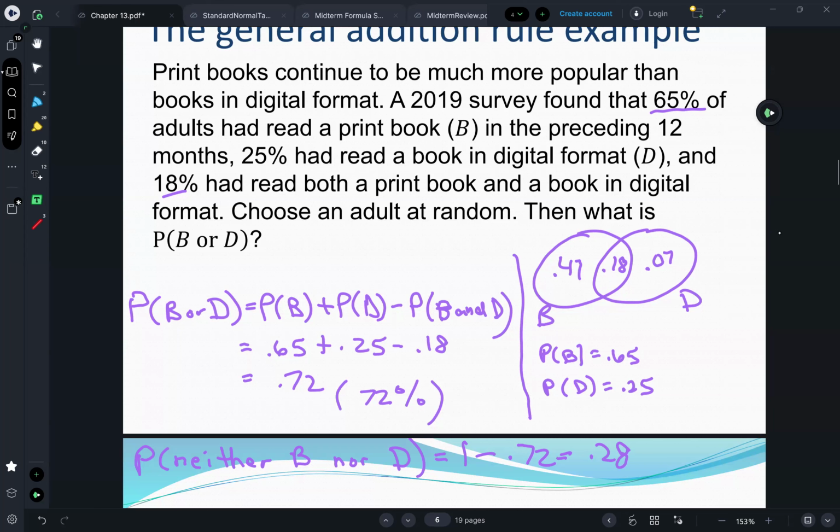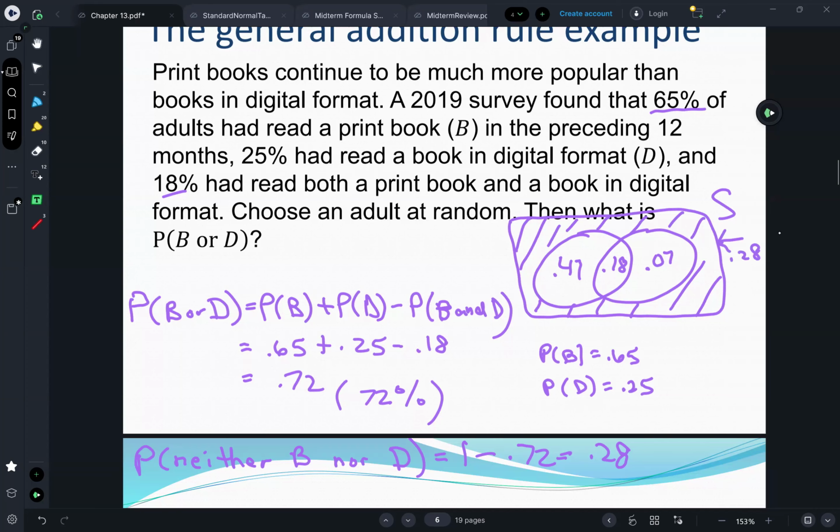If you want, I can expand this out more. This is the whole sample space. So if it's neither, it's all the stuff that's outside. Remember, this is the sample space. All of it should add up to 1. So all of that outside bit is 0.28.